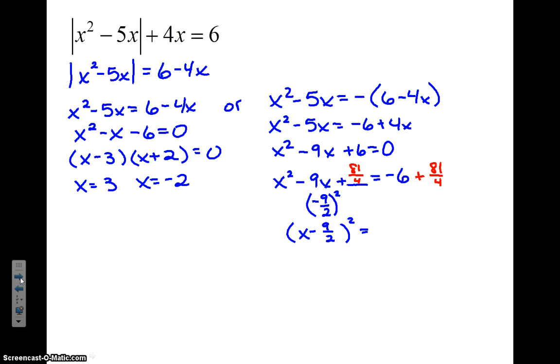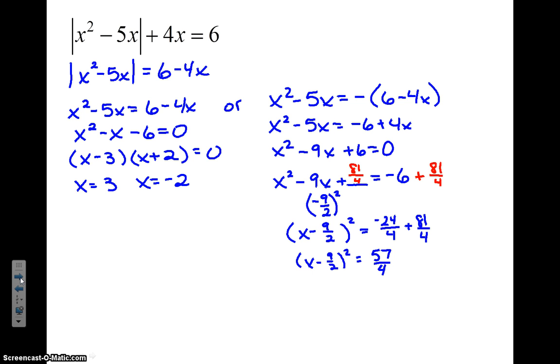I'm going to make a common denominator here, so I'm going to have negative 24 over 4 plus 81 over 4. If I combine those together, that gives me 57 over 4 on the right side.